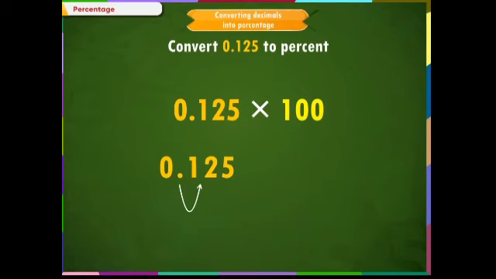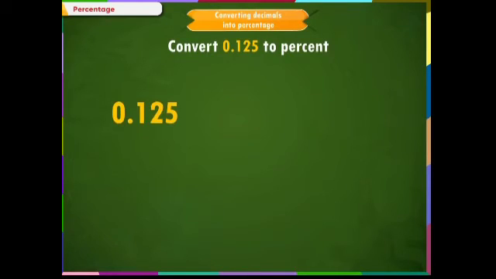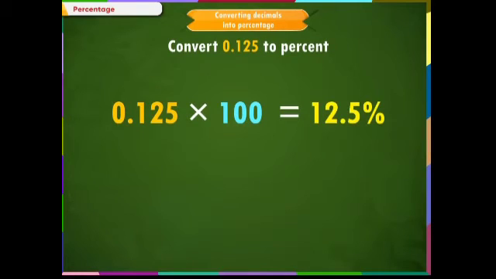Just move the decimal point 2 places to the right as shown on the screen. 0.125 into 100 is equal to 12.5%. So, to convert a decimal to percentage, we just move the decimal point 2 decimal places towards the right side and put the percent symbol.